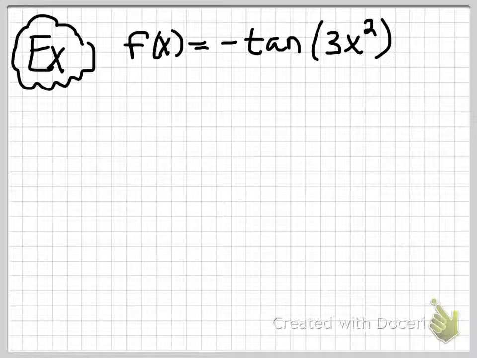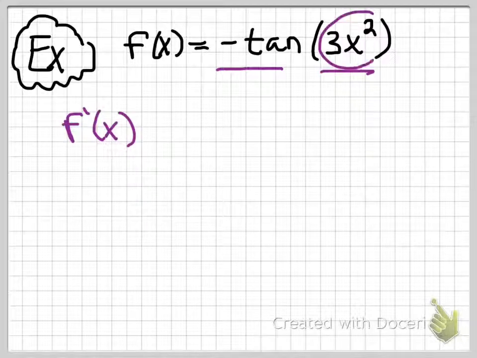I'm going to go through this one. I'm going to do what I've been doing on these other ones and practice inside, outside. So this time what we have here is negative tangent of 3x squared. So it's not really a double chain rule. When I go to find f prime of x, I only have this one inside piece, 3x squared, to deal with. So I'll just go through the regular chain rule and say derivative of the inside.